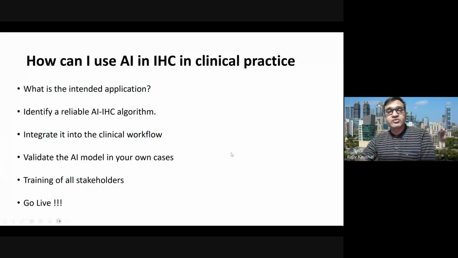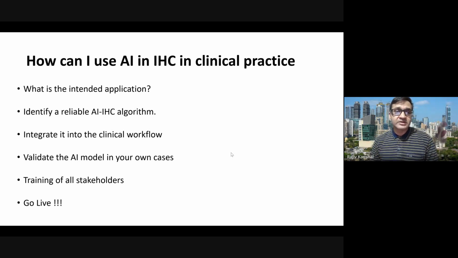If you're using these AI based models for IHC interpretation, first and foremost, there are a lot of applications, and each biomarker might need a different model for testing. That is the problem while using it in clinical practice. So what are the intended applications?